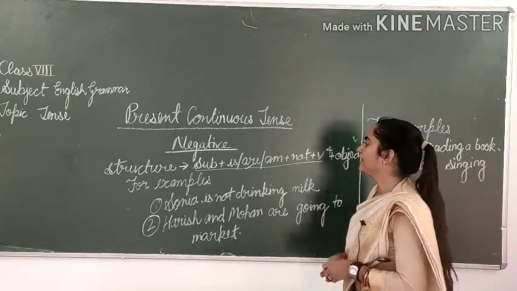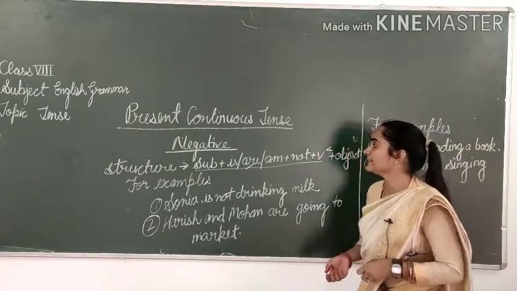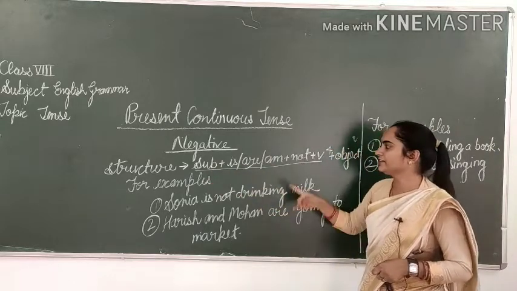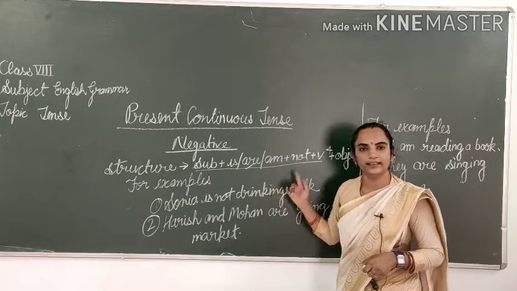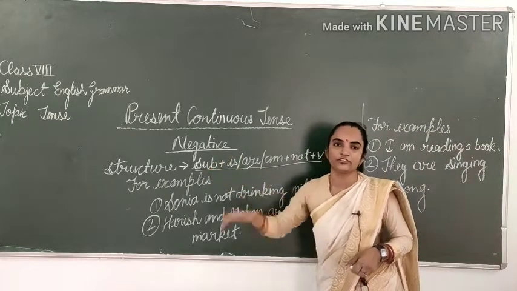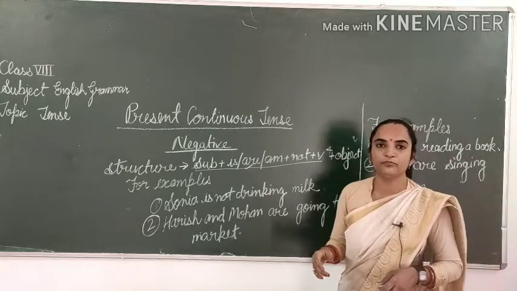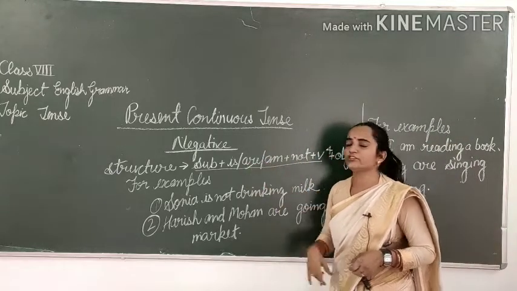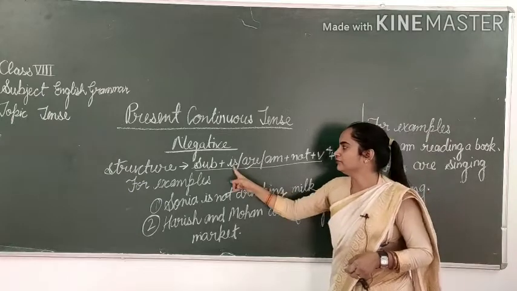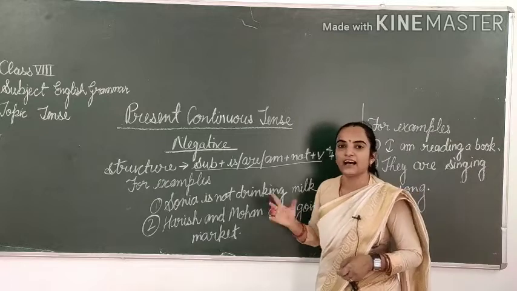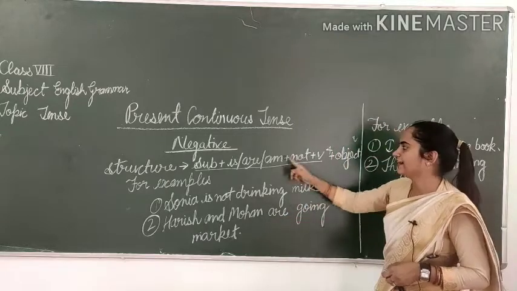I hope you have understood the structure of negative. Firstly, subject, then after is, are, am according to the subject. If your subject is plural, then you will place are. If your subject is singular, you will place is, and if your subject is I, so you will place am here.